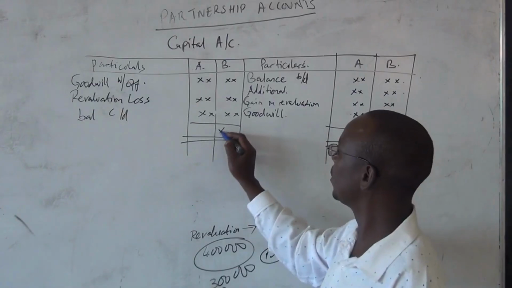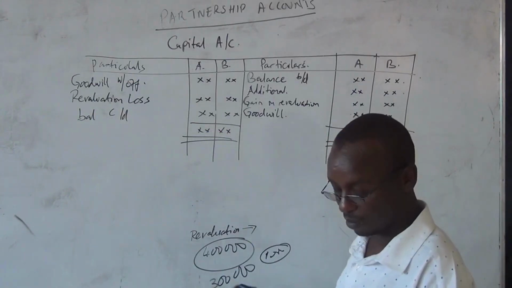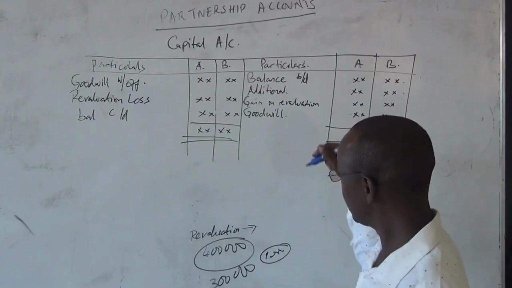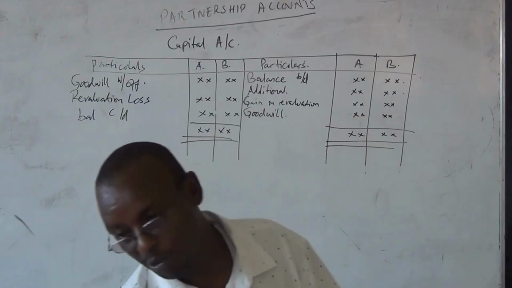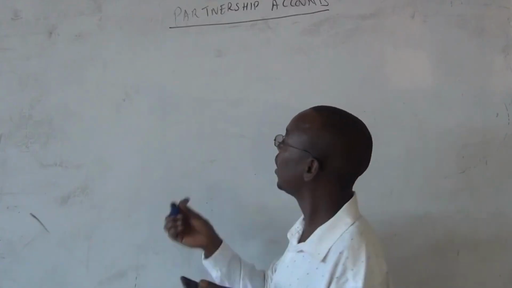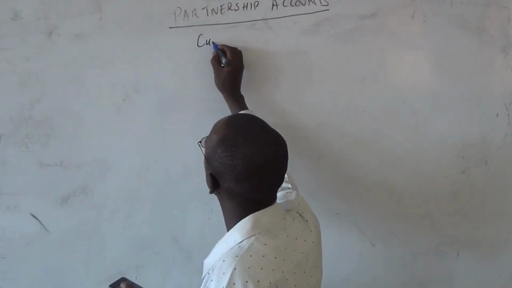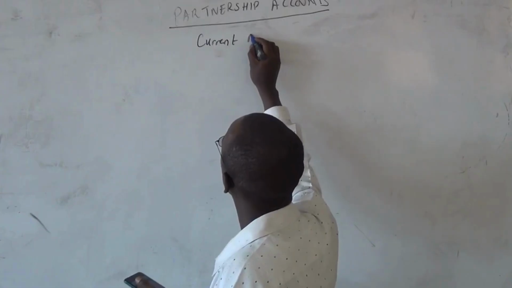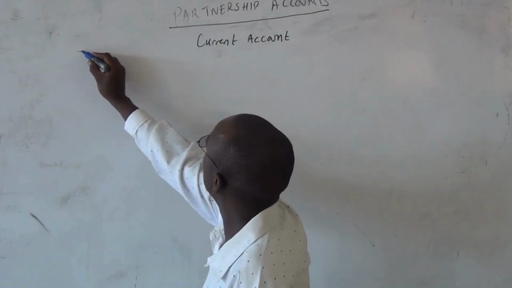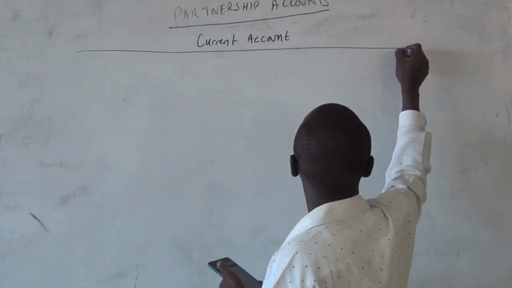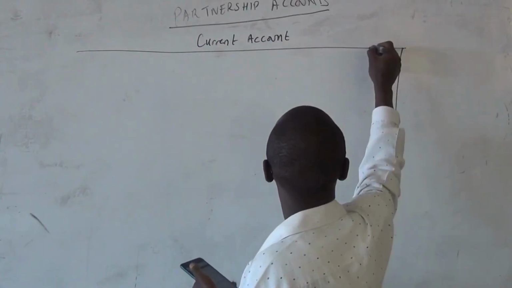We're going to look now at a question whereby we're going to put the real figures. So that is the capital account. Now the current account. Apart from the capital account, in partnership, we maintain a current account. Current account looks like this.